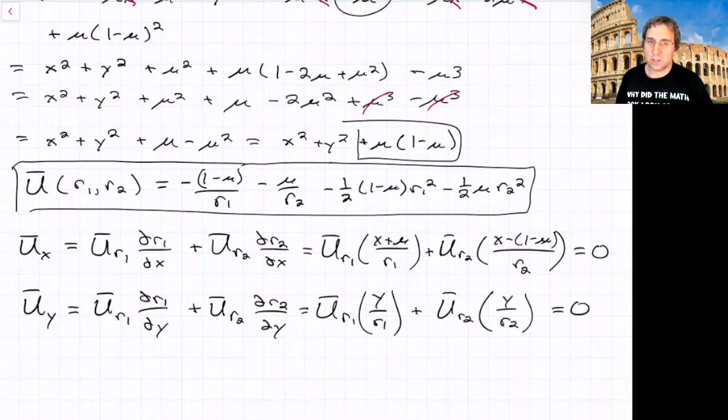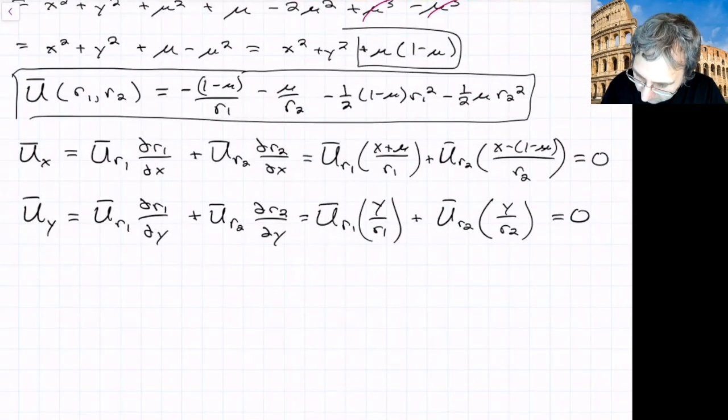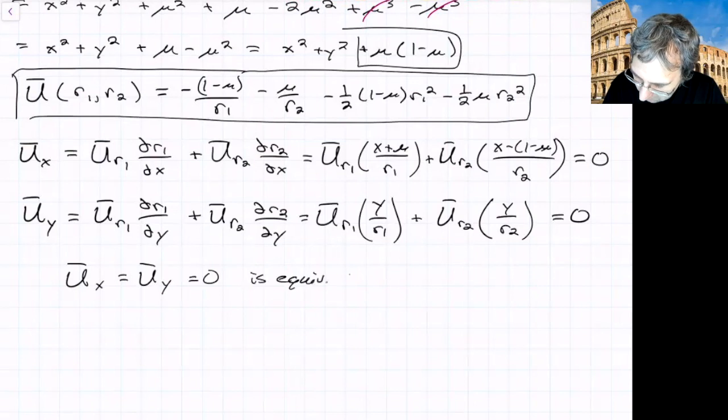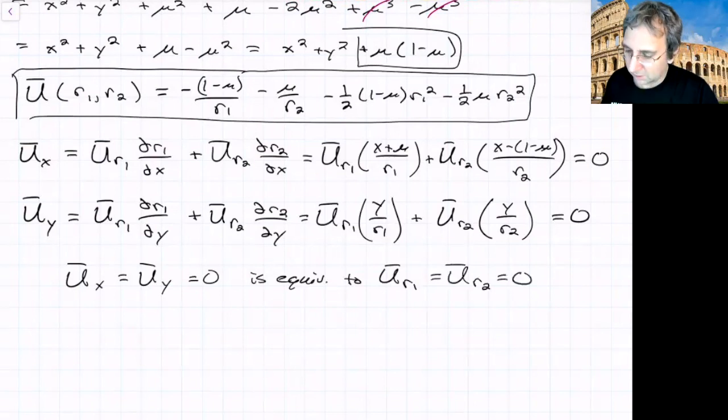So those are the equations we want to solve. This is all to show that U bar X equals U bar Y equals 0 is equivalent to U bar R1 equals U bar R2 equals 0. They'll give the same thing when Y does not equal 0. So that means these terms are non-zero.